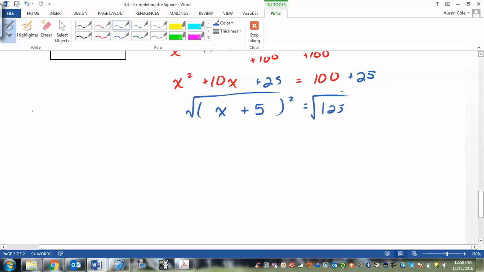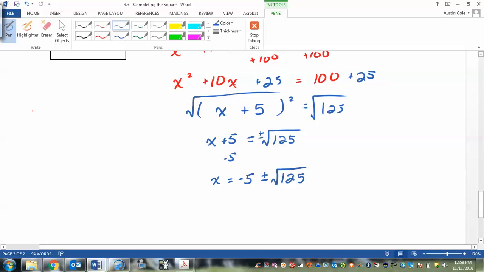So when I square root both sides, I'm going to have x plus 5 equals the square root of 125. And then lastly, I need to minus 5 over, and I've already forgotten my plus or minus, right? So x is going to equal negative 5 plus or minus the square root of 125.